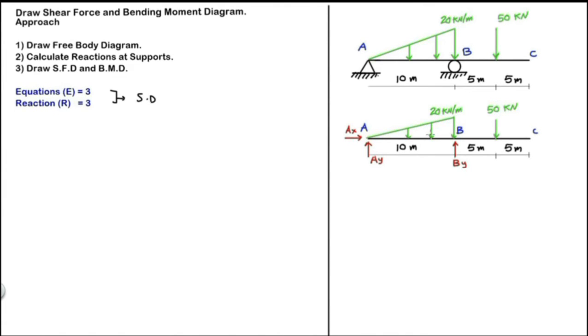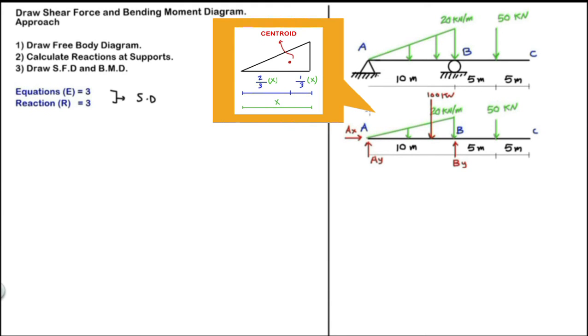Before I start calculating reactions at the supports, let me convert this distributed load to a concentrated load. And we know the area of the distributed load is equal to the concentrated load. So the area of this triangle is equal to 100 kilonewton.